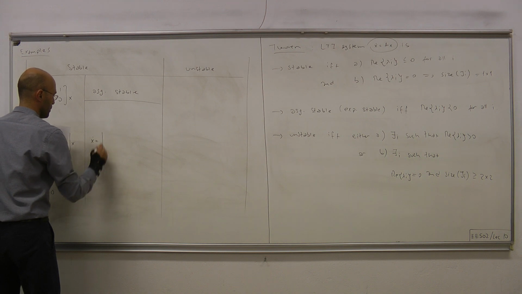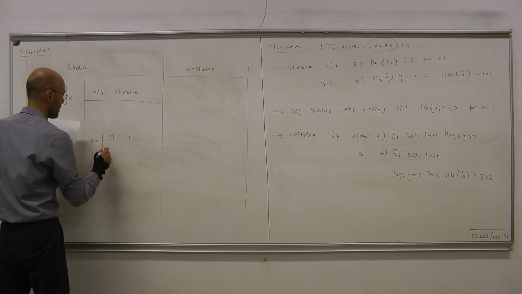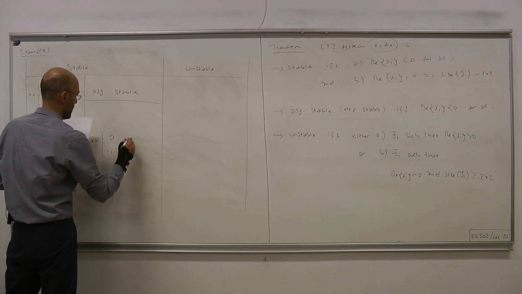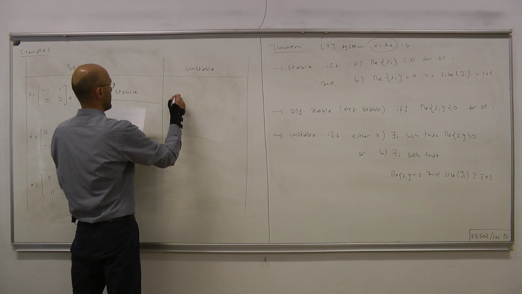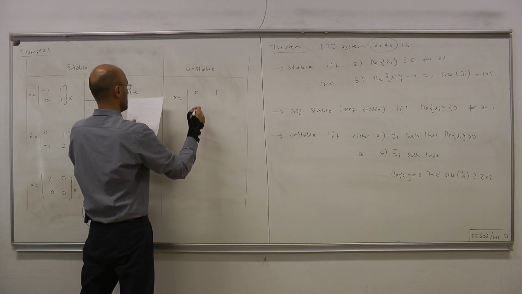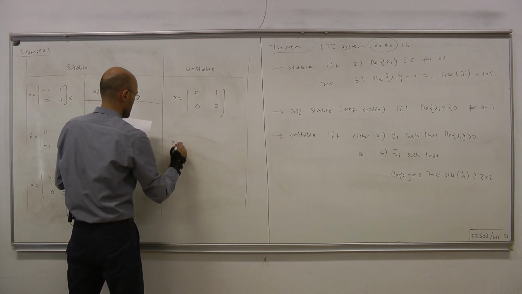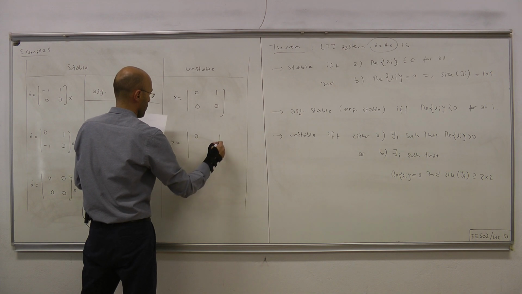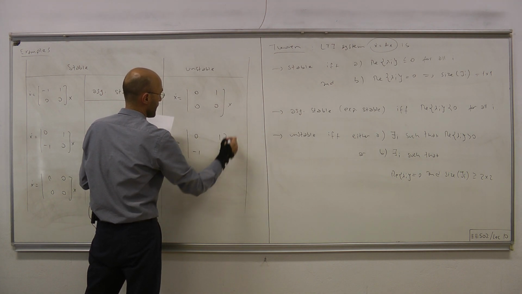Here we have x dot equals [0, 1; minus 1, minus 1] x. And here we have some unstable examples. [0, 1; 0, 0]. And here we have x dot equals [0, 1; minus 1, 1] x.